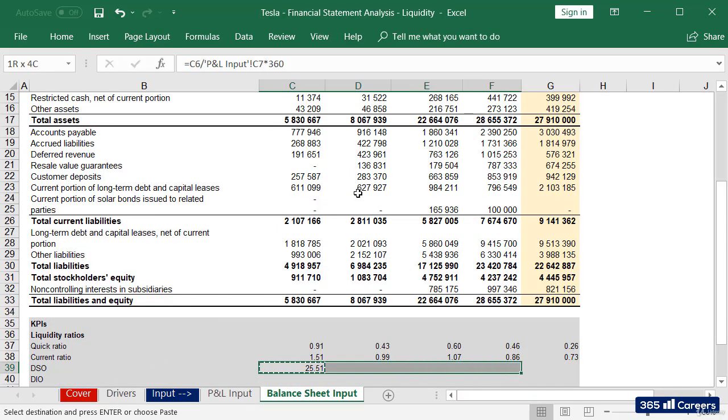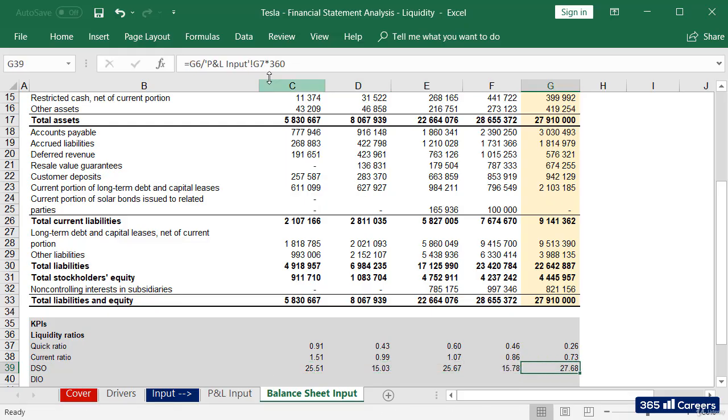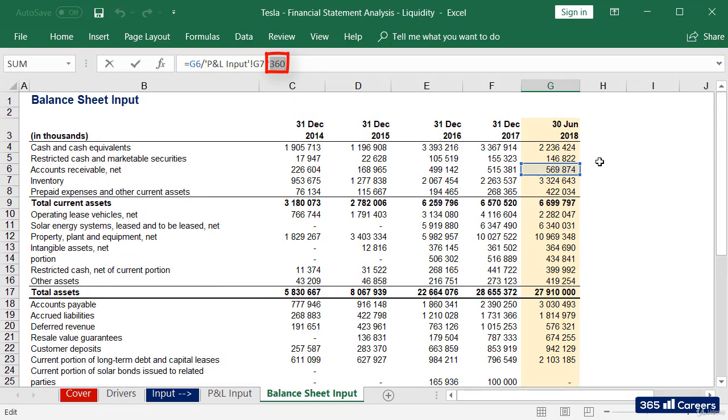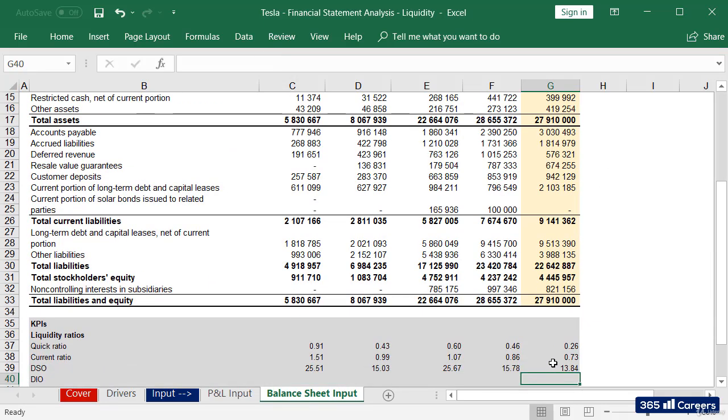This gives us the DSO figure for 2014. Let's copy and paste to the right. However, we have to be careful. The DSO figure for the first half of 2018 should be divided by 180, and not by 360. We are taking into consideration half of the year only.